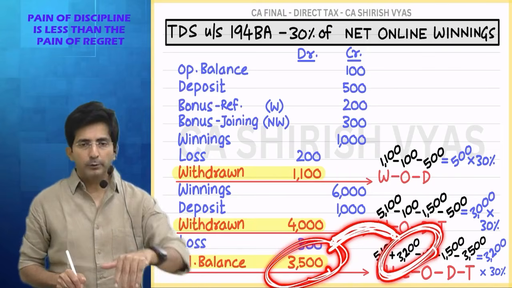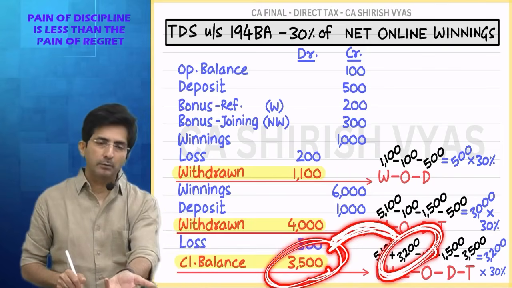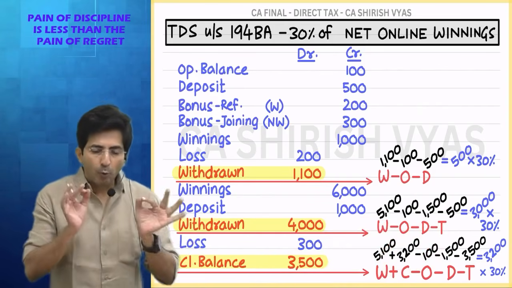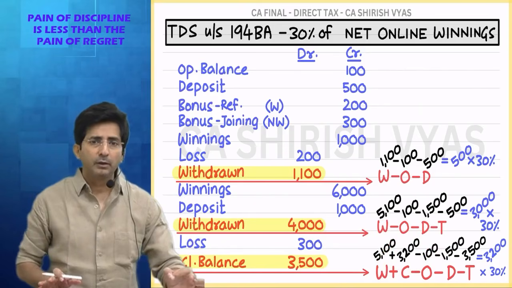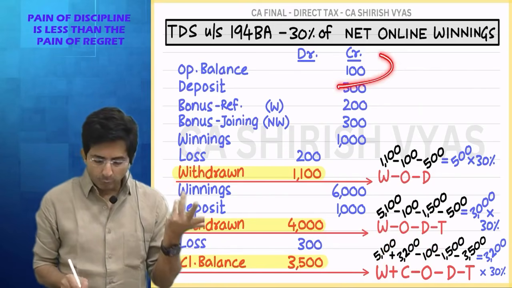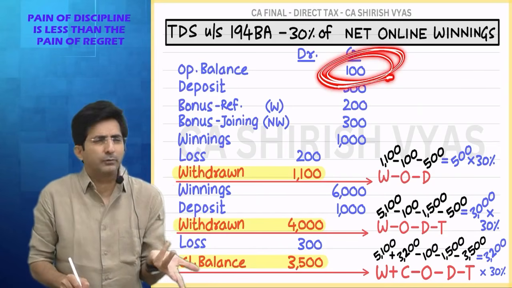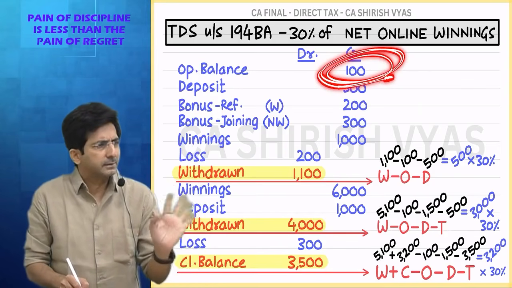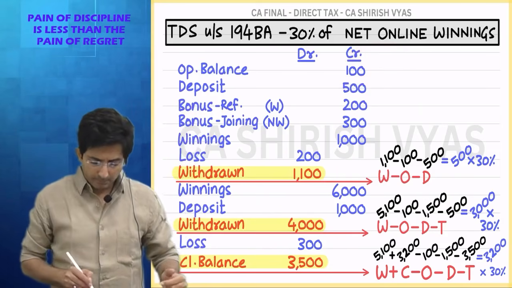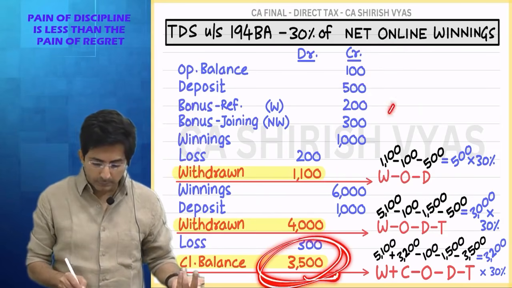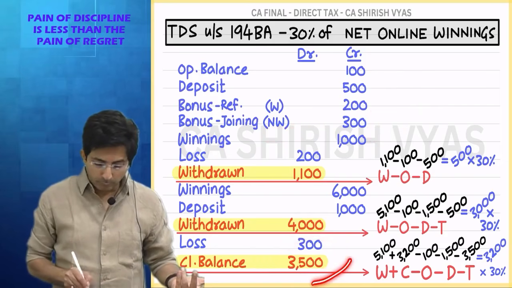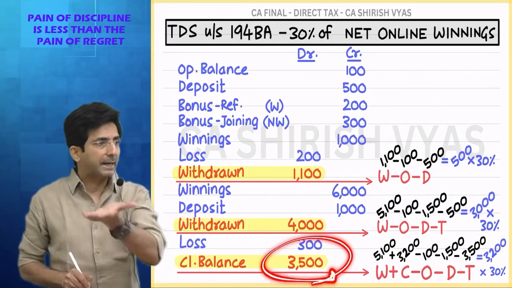Withdrawable. So whenever you take the opening balance also, the rule will remain the same, na? In all my working, opening and closing balance should be withdrawable. In our opening balance, nothing was given, so we assume it was withdrawable opening balance. Already subject to TDS in the last year, so we subtracted. But in closing balance, we know there is one 300 amount which is not withdrawable. So if I want to know the withdrawable closing balance, I will subtract 300.